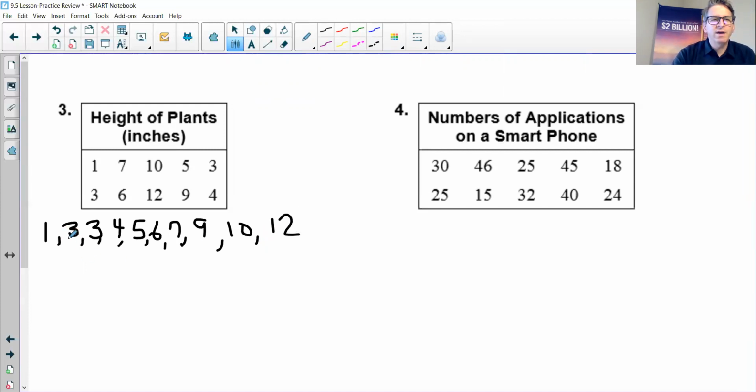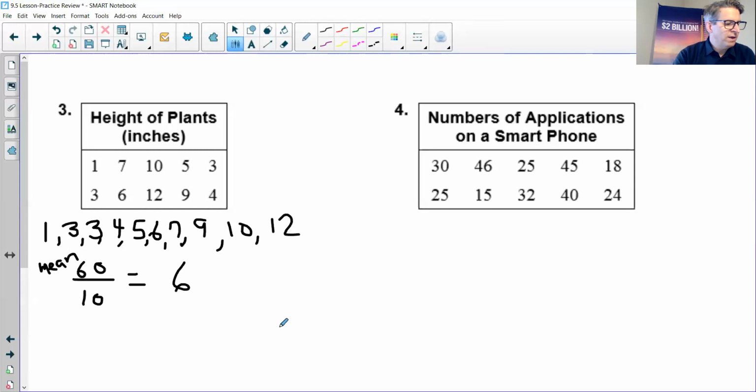Okay, so we're going to add all these together to get 60, and there's 10 entries there, 10 plants. That gives you a mean of 6. So the mean is 6.